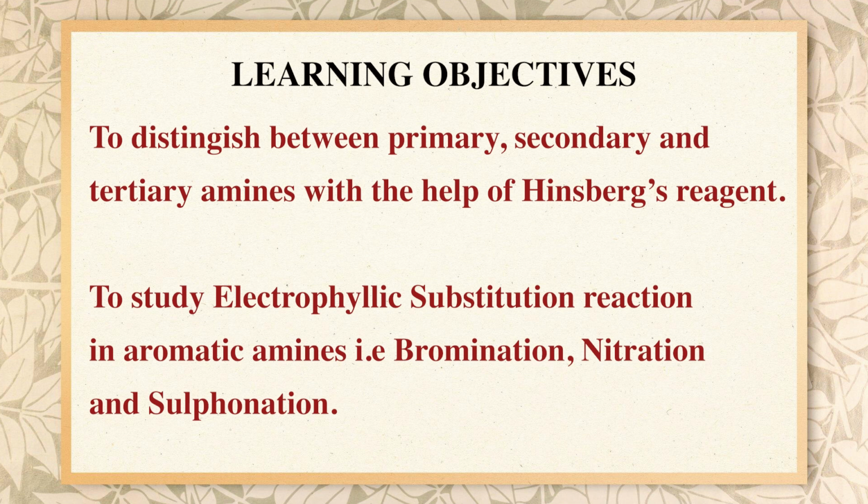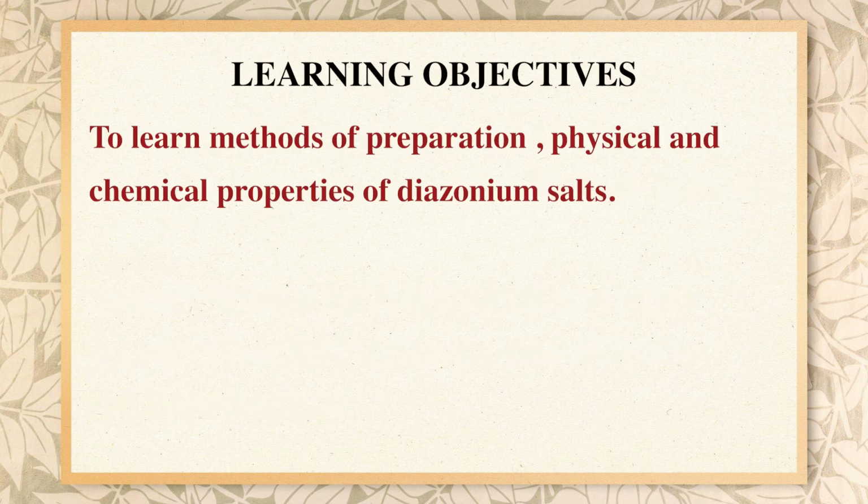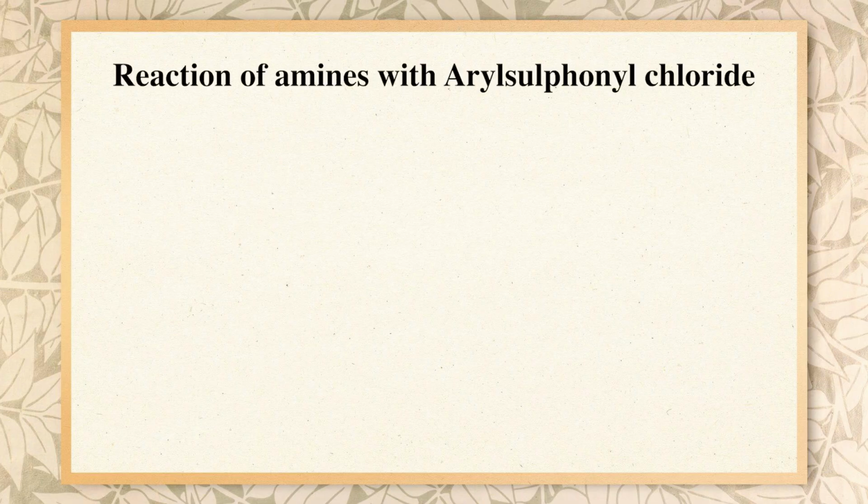These are to distinguish between primary, secondary and tertiary amines with the help of Hinsberg's reagent, to study electrophilic substitution reaction in aromatic amines, that is bromination, nitration and sulfonation, and to learn methods of preparation, that is physical and chemical properties of diazonium salts.